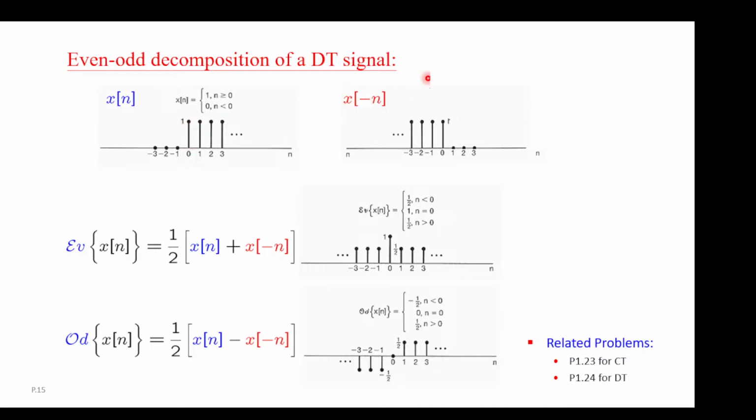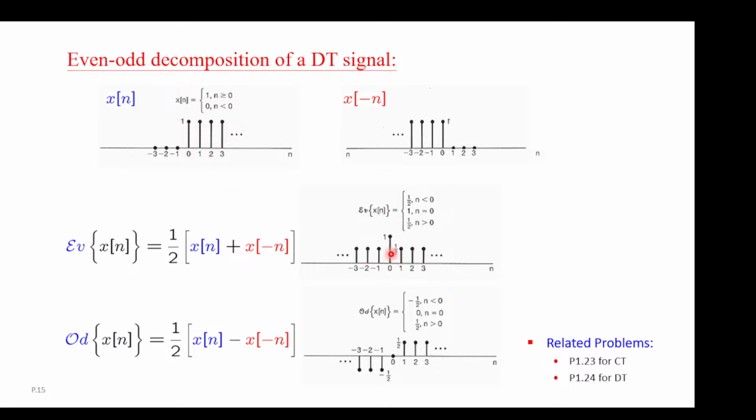Then x of minus n, look at this, is 1 at minus 3, minus 2, minus 1, and 0. Okay, so x of n looks like this, x of minus n looks like this. Then the even part is this plus this divided by 2. So you will get a whole bunch of 1/2: at minus 3, minus 2, minus 1, and plus 1, plus 2, plus 3, you get 1/2.